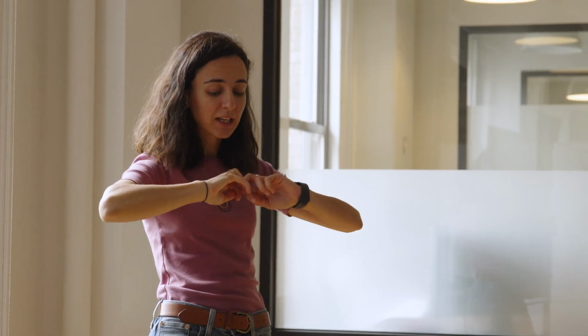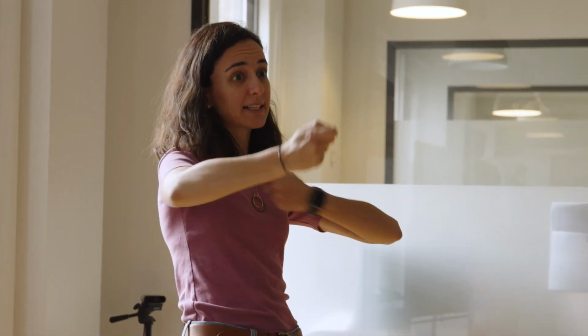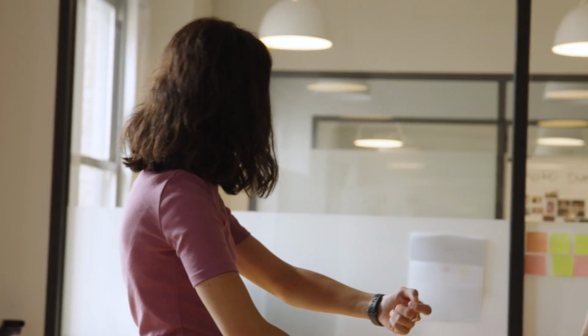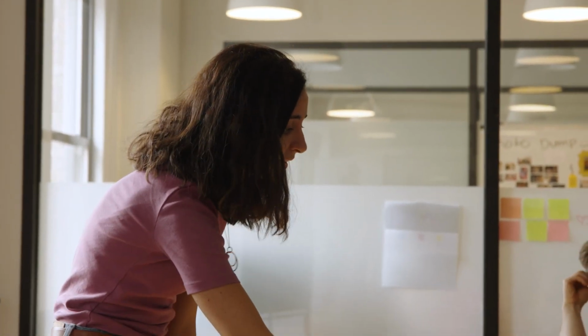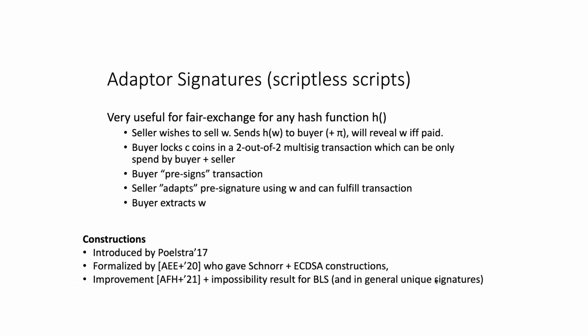This is useful in a fair exchange setting. I'm going to go very quickly through this, but if you have a seller that wishes to sell some secret and you want to pre-lock the coins of the buyer before starting the exchange, these signatures allow that very natively.